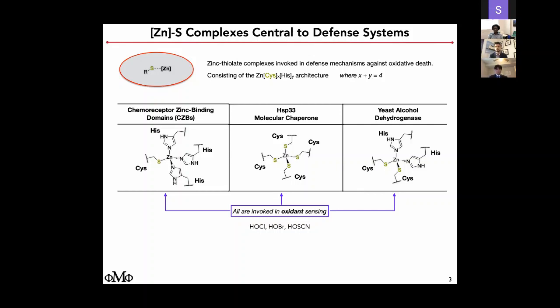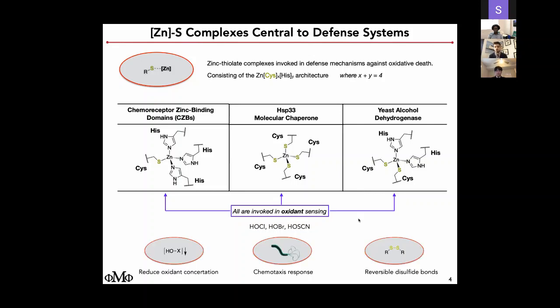However, these zinc thiolates have the unique ability to invoke a wide variety of mechanisms after oxidation of the thiolate of these zinc-bound complexes: first, a reduction in the concentration of these heavily toxic oxidants; also a chemotactic response towards or away from sites of inflammation, allowing them to navigate around these toxic oxidants; as well as reversible disulfide bonds, which can lead to additional protein folding and other protein activation cascades. So my research specifically is going to be looking at oxidation with HOBr, hypobromous acid.